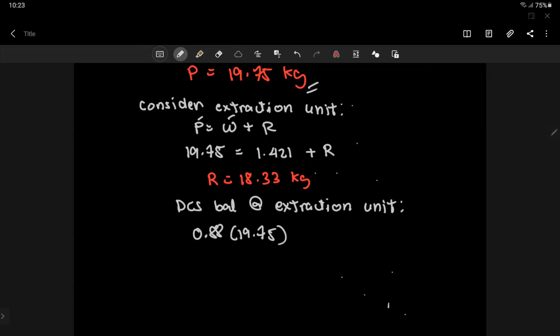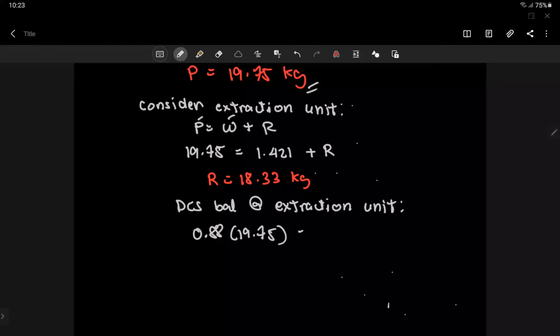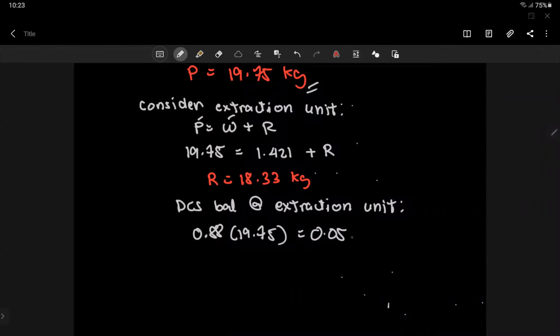About sa W, ilan yung DCS dyan? Di ba 5%? 0.05 of W. Ilan ba yung W? 1.421. Plus sa R, DCS in R, we don't know. Which is unknown actually, DCS in R. O di isa na lang unknown, DCS in R na lang.